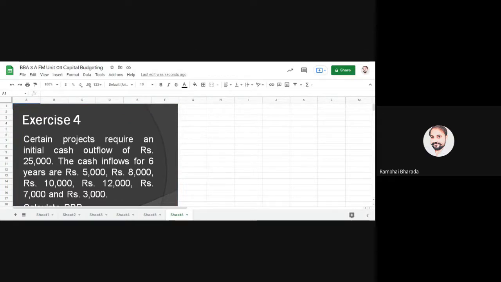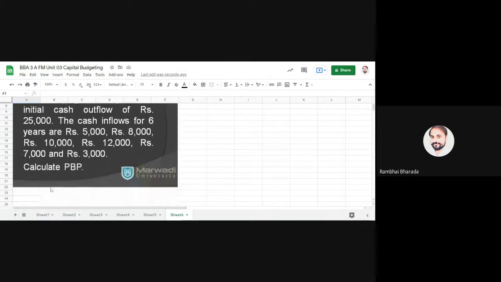And the cash inflows for the 6 years are as follows, okay, if we invest 25,000 rupees, for the next 6 years this is the income from first year to sixth year: 5,000, 8,000, 10,000, 12,000, 7,000, and 3,000 respectively. Now you are required to calculate the payback period.